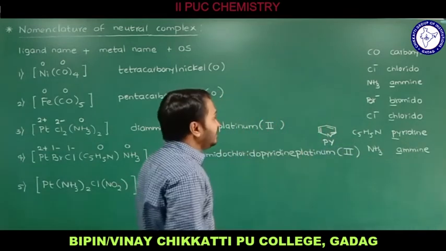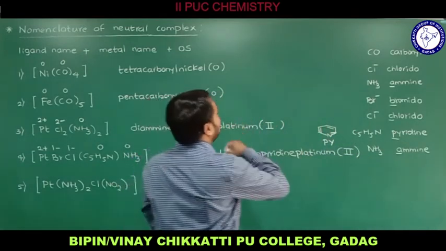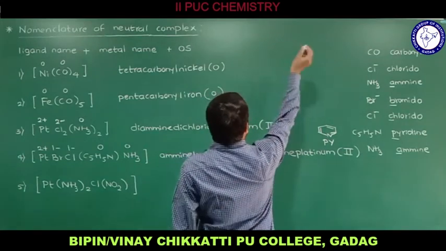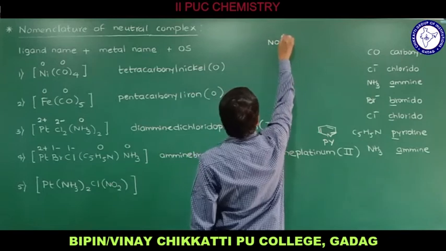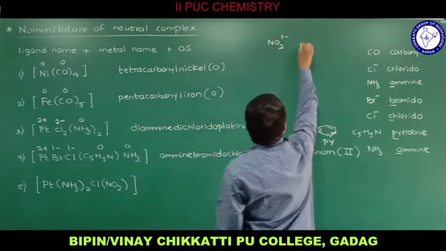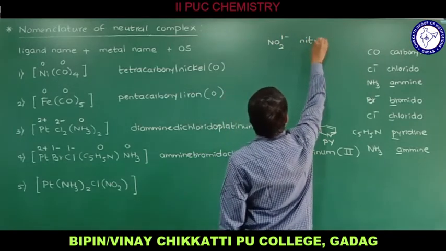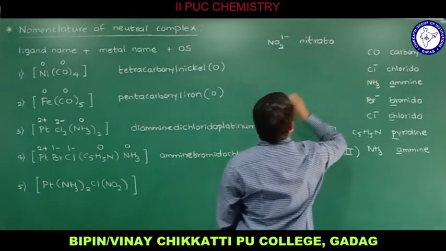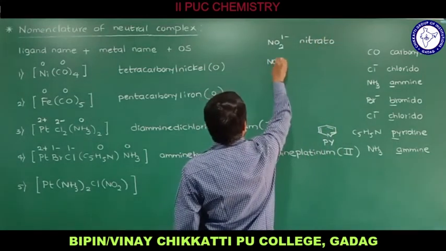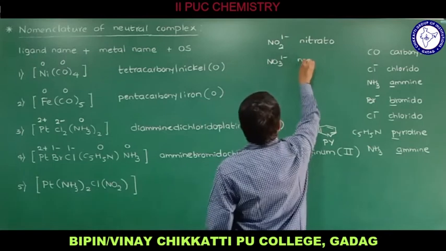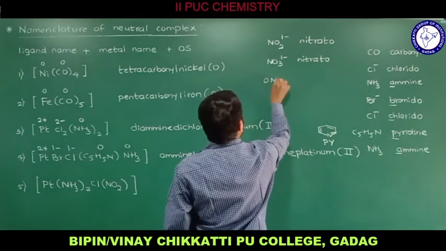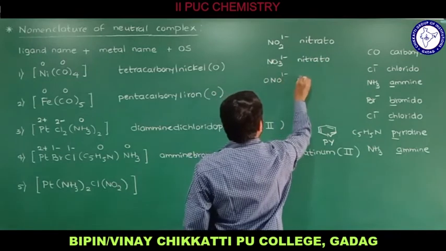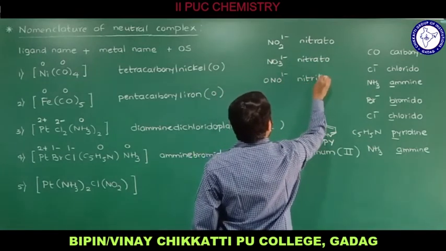As I listed in the column of the different types of ligands, let me write what I have given actually. NO2 1 minus, the name will be nitro, and NO3 1 minus, nitrato, and ONO 1 minus, this is nitrito.